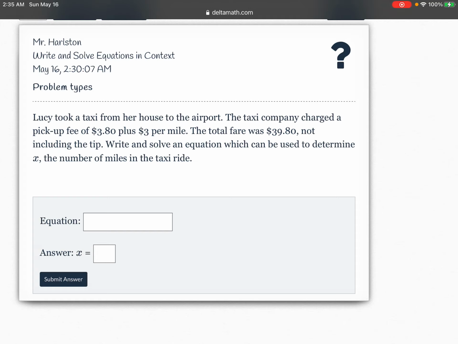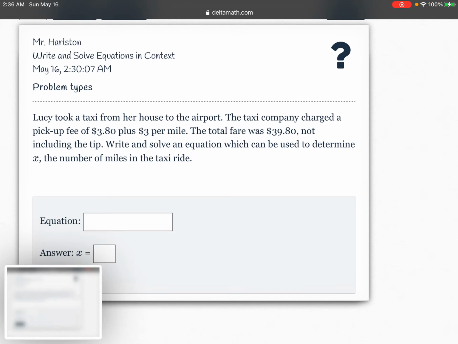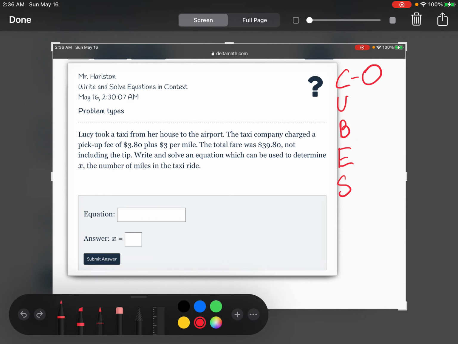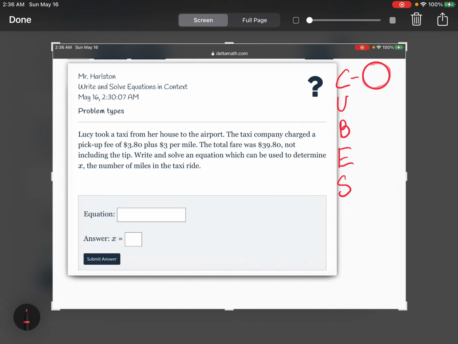Now, the acronym that I want you guys to use, I'm going to take a picture and write on the picture, is called CUBES. The C stands for circle. I want you to circle all the numbers.